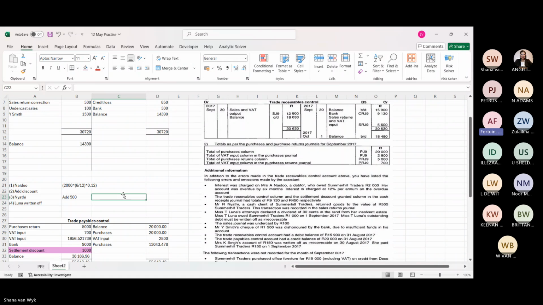But that is in the input column. They're telling us there the VAT input column in the purchaser's journal. They didn't ask us to rectify information in the additional. They gave us that. Okay, so they didn't ask us to rectify it. So VAT input is usually credit. Debit.